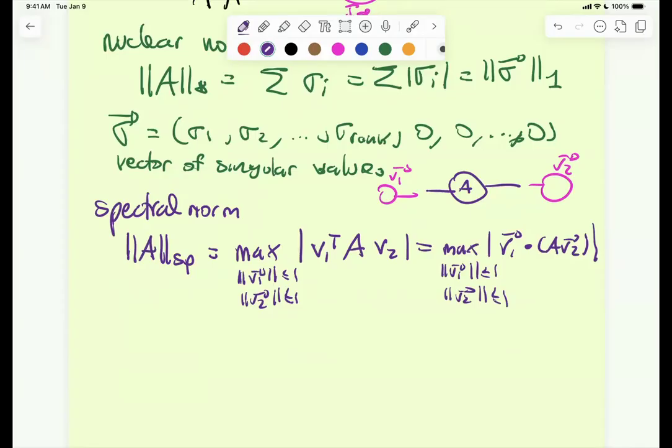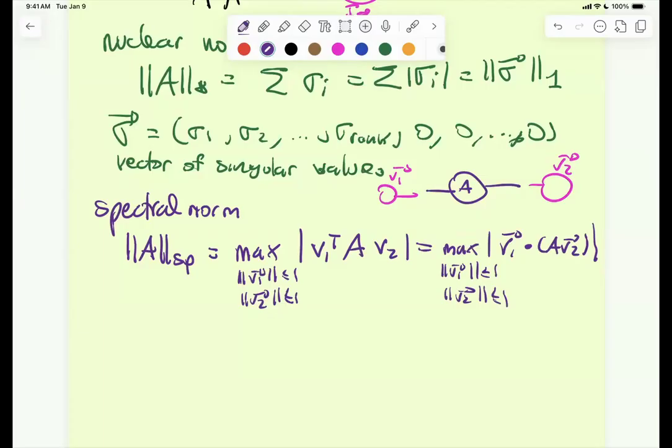Because you're finding all the vectors, v1 has to have norm less than or equal to 1, and v2 has to have norm less than or equal to 1, right? So it's not super obvious at the moment, since you have to play with both of them. You can always write a vector times something.